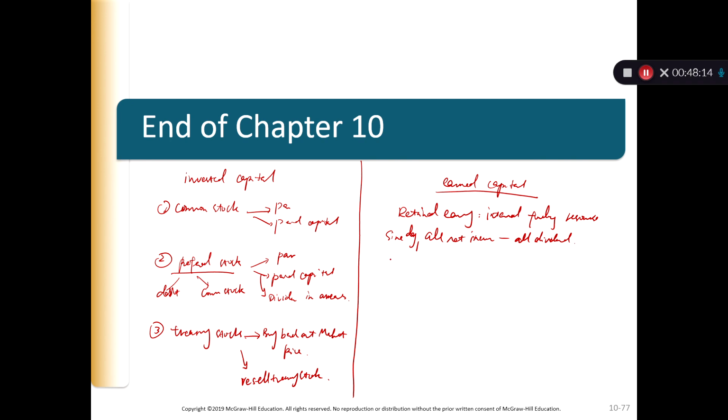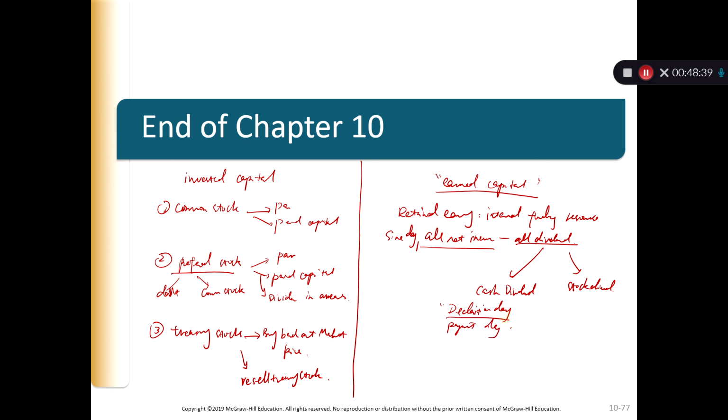And then we said that in order to calculate it, we have cash dividends and stock dividends. And there's a declaration day for the dividend and a payment day. How to do the journal entry.